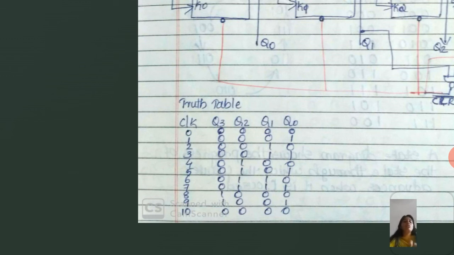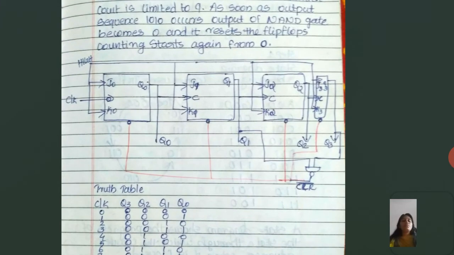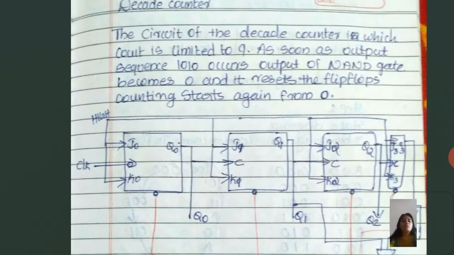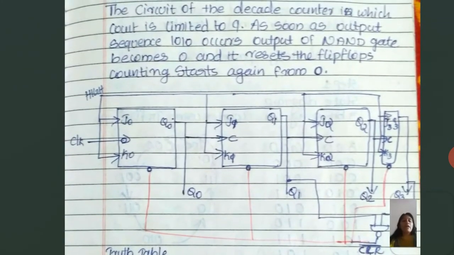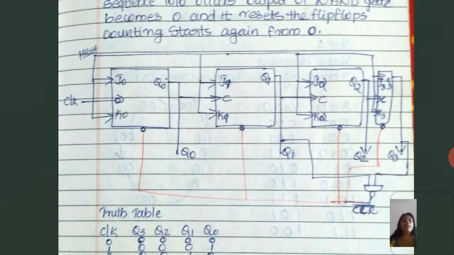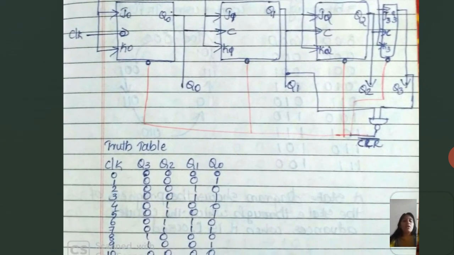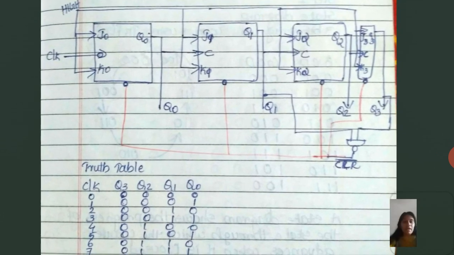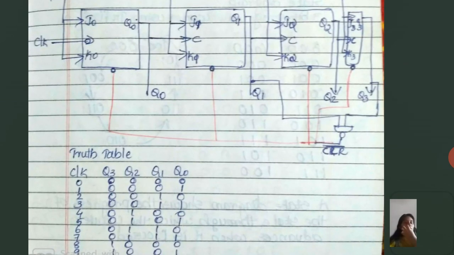Okay, to implement this particular thing, you can connect the values of Q1 and Q3 as inputs of a NAND gate. Why are you considering Q1 and Q3?